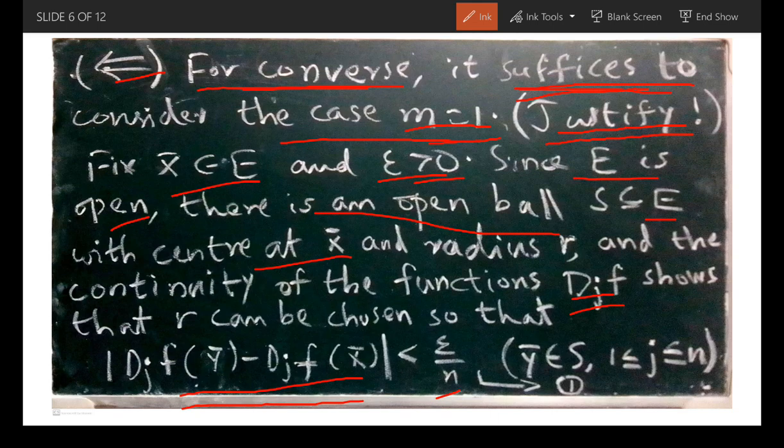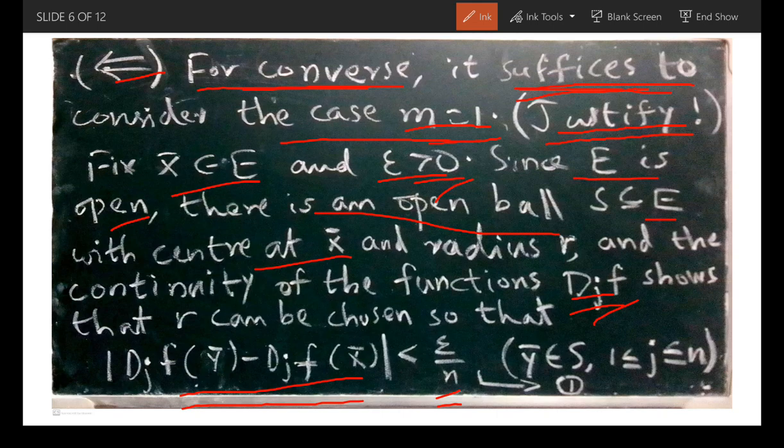And you will get a delta n greater than 0 such that modulus of dnf at y minus dnf at x is less than epsilon by n whenever norm of y minus x is less than delta n. So corresponding to this epsilon and the functions d1f, d2f, etc., dnf, I got delta 1, delta 2, etc., delta n, positive numbers.